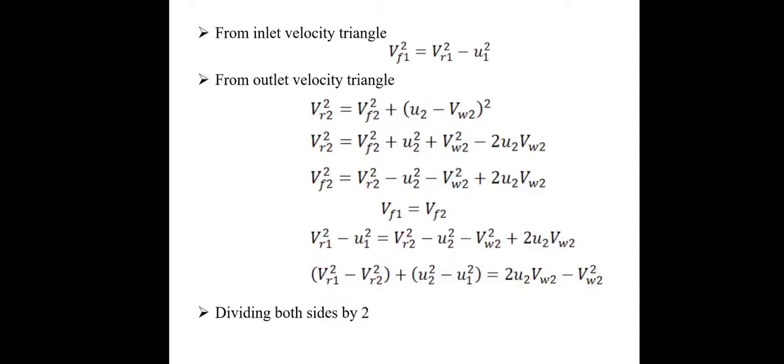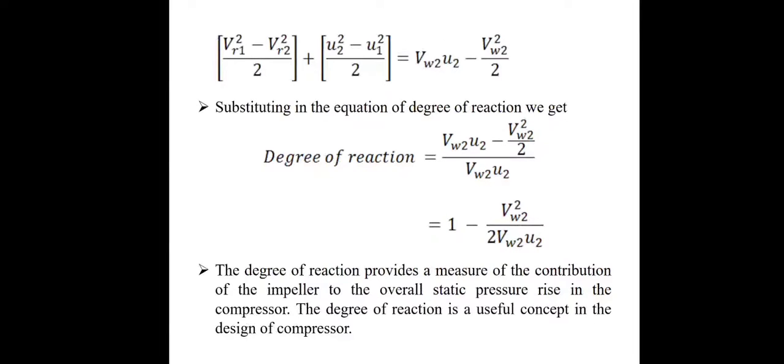Dividing both sides by 2, the equation becomes (VR1 square minus VR2 square) by 2 plus (U2 square minus U1 square) by 2 equals VW2 U2 minus VW2 square by 2.